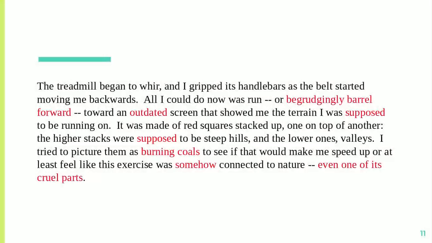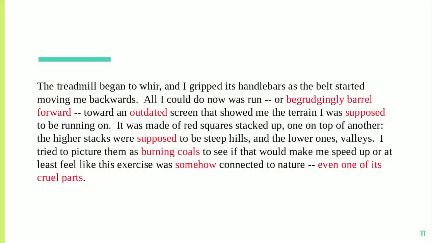Now, we've got some imagery here, the burning coals. Pay attention to imagery and figurative language because there's always a lot of connotation and a lot of tone in those. Burning coals, not a very pleasant image, okay? So it helps us understand, again, kind of the underlying negative feeling here. Somehow, okay, again, that's kind of that throwaway, almost sarcastic feeling. It was somehow connected to nature, even one of its cruel parts.